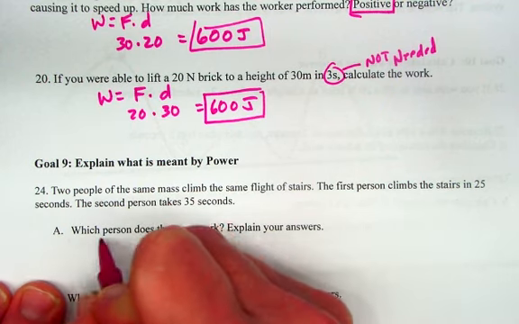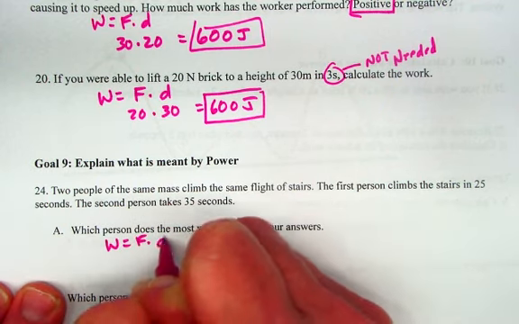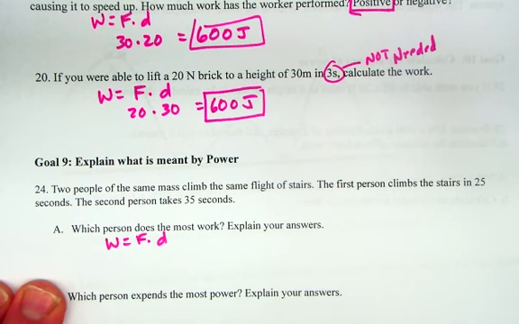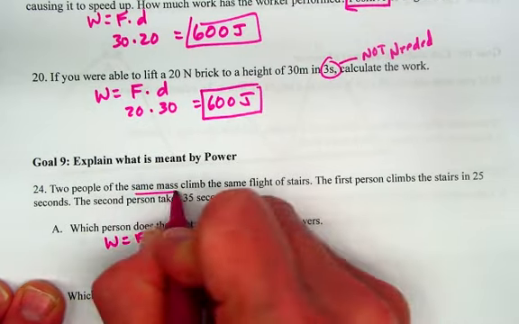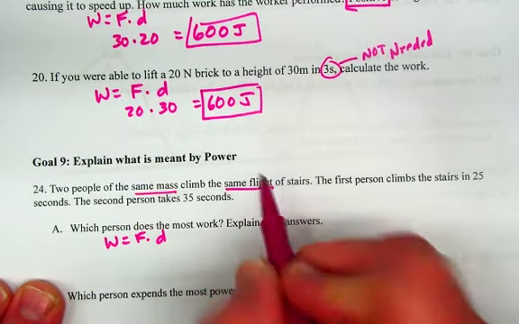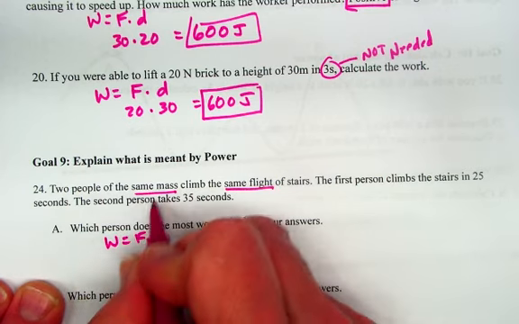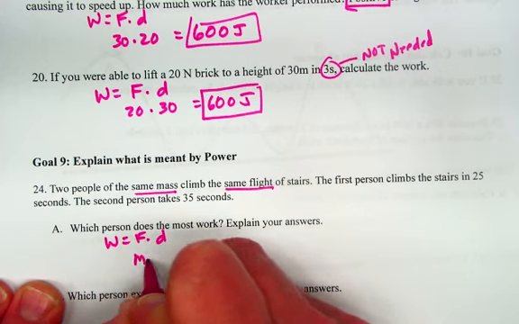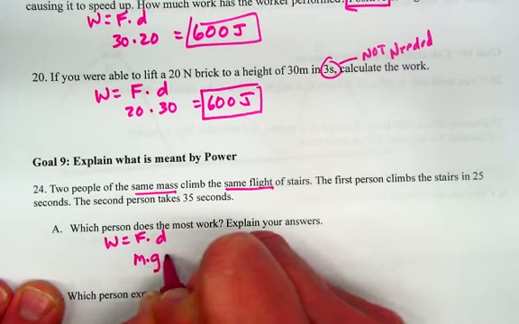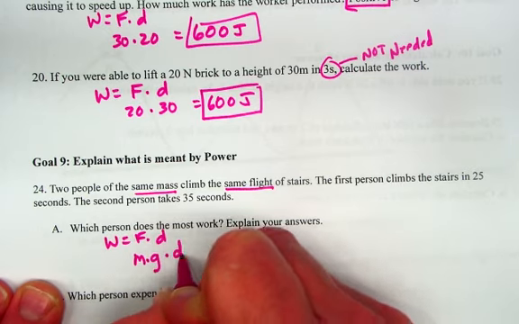All right, since work is force times distance, and in both cases, the mass of the person is the same, and the same flight of stairs, they're going the same height. So remember, force could be mass times g, mass times gravity times d.